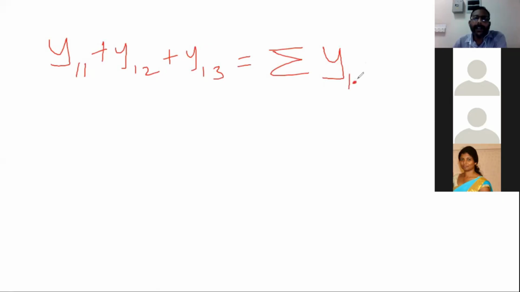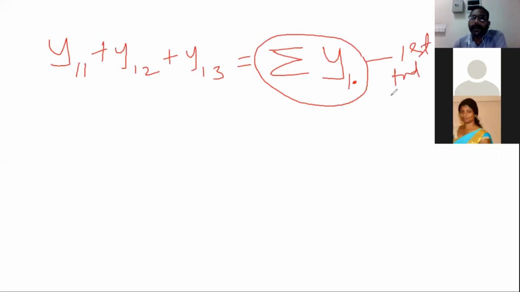This is how we write it. That means it is the first treatment total. Write down, first treatment total. If I say summation Y2 dot, it is the second treatment total, and so on.